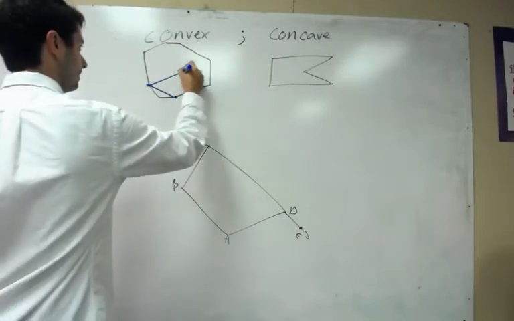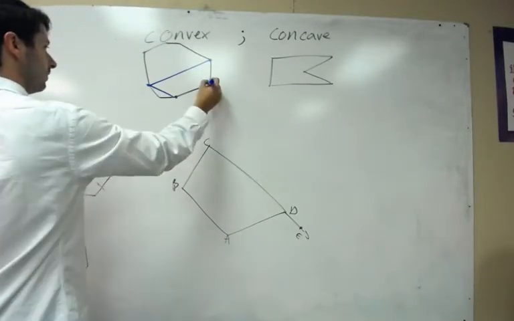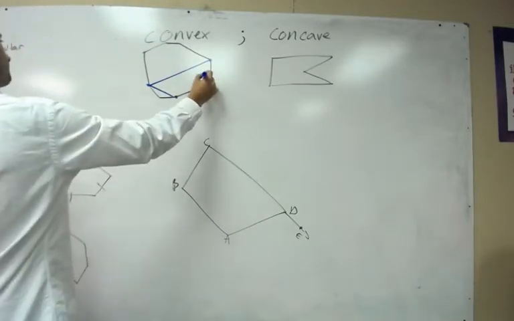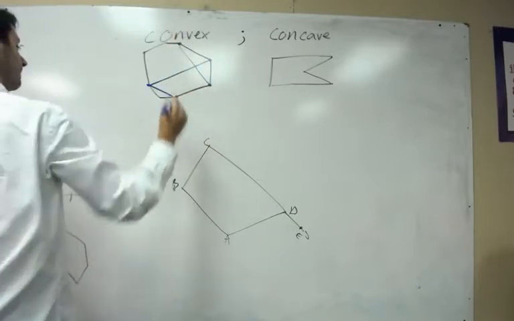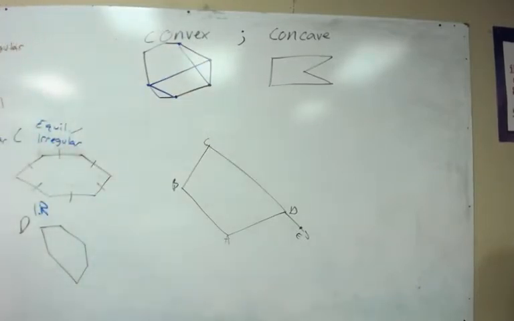Convex, any line that you draw from any vertex to a non-consecutive one, if all the diagonals are inside the polygon, then it would be referred to as convex.